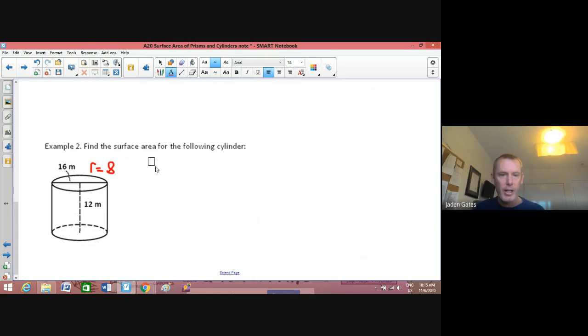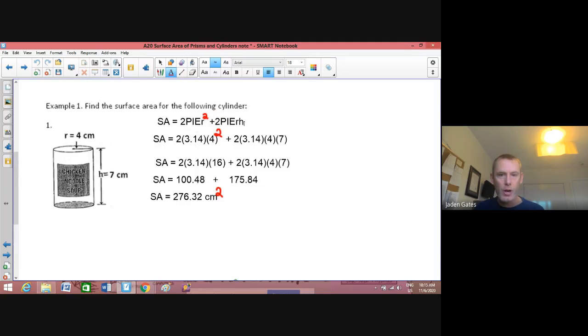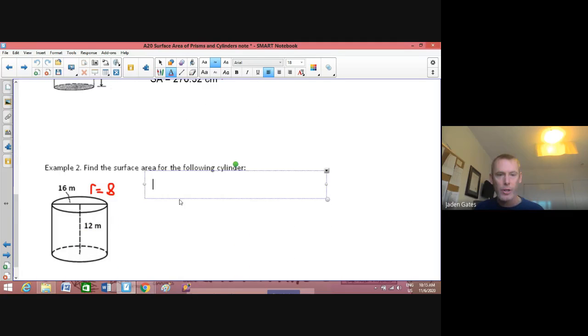So I can substitute it into my formula, the same one as before: 2 pi r squared plus 2 pi r h. So my surface area is equal to 2 pi r squared, so 2 times 3.14 times r squared. Our radius we just saw is 8. I'll square that in a second.